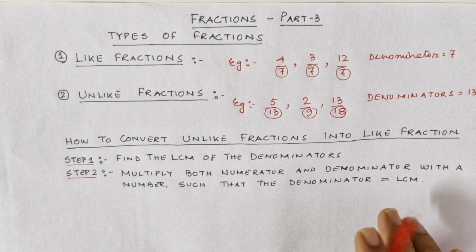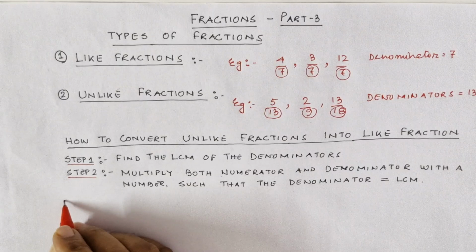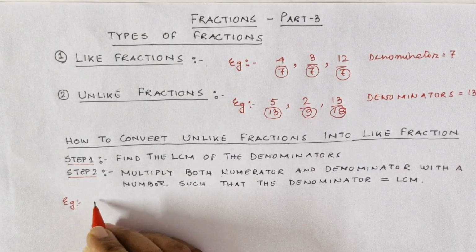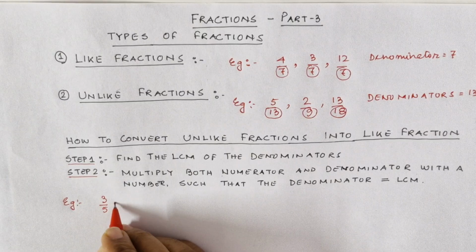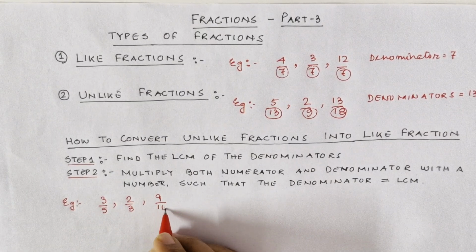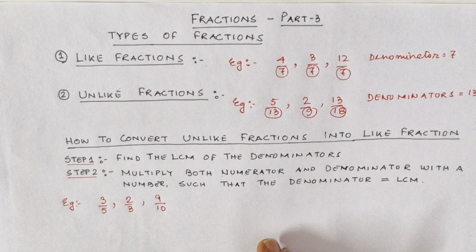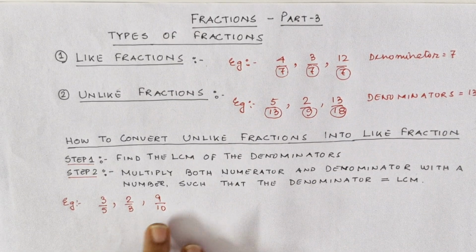So let's take one example. We'll try to convert 3 by 5, this is the first fraction, 2 by 3 and 9 by 10 into like fractions. These are all unlike fractions because their denominators are different.